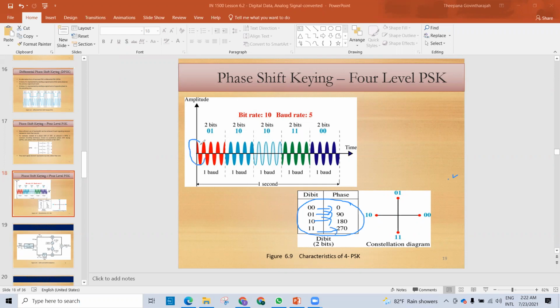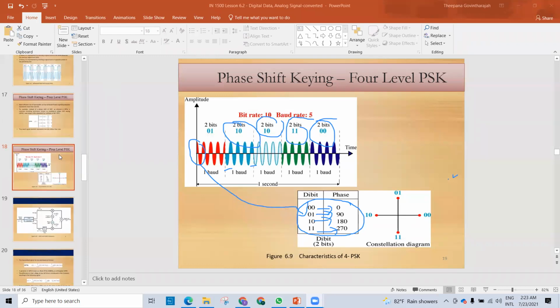Here again the same 180 degree phase, and for 1 1, 270, and for 0 0, the phase is 0. We can see the difference between QPSK and OQPSK in the next video.